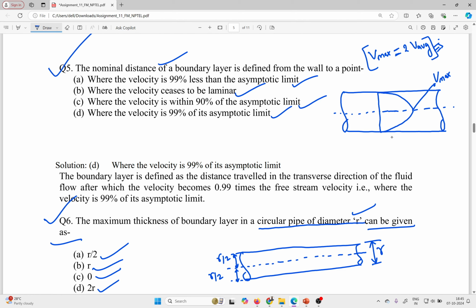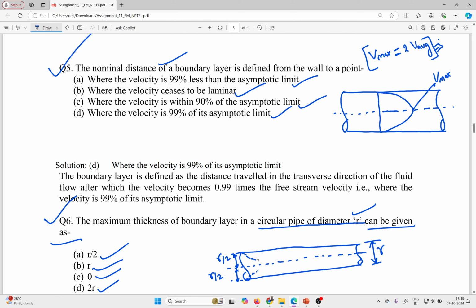So now let's concentrate on these things. We are talking about the maximum boundary layer. If I try to draw the boundary layer, it will be like that. From this side boundary layer will come, from this side boundary layer will also come, because the pipe is circular.